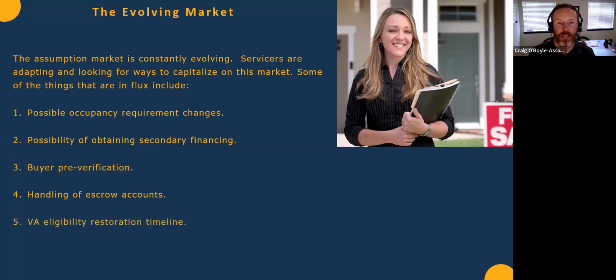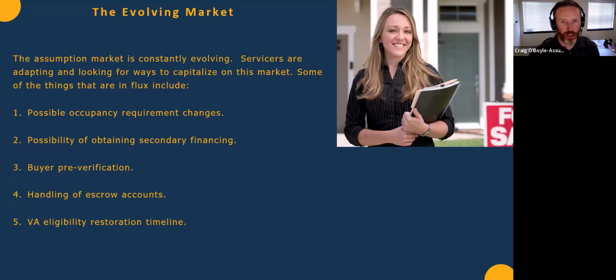At the same time, the last piece I want to talk about that's big is VA eligibility restoration. What this refers to is when a swap is done, a buyer brings their eligibility and the seller's eligibility is released. Well, the timeline on this is not like getting a new loan. With a new loan, you can sell your home, walk out of that room into another room, close, and get an immediate new VA loan.